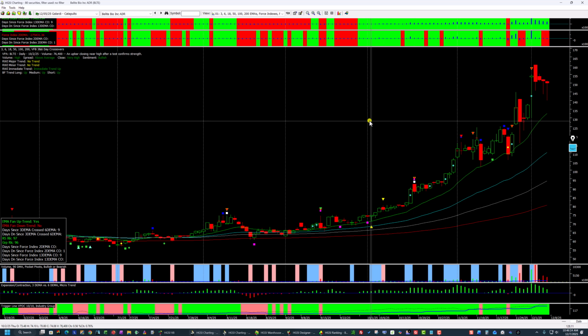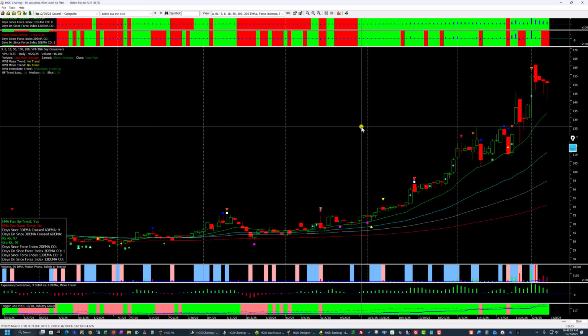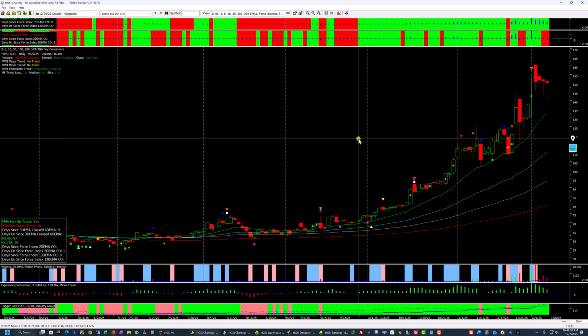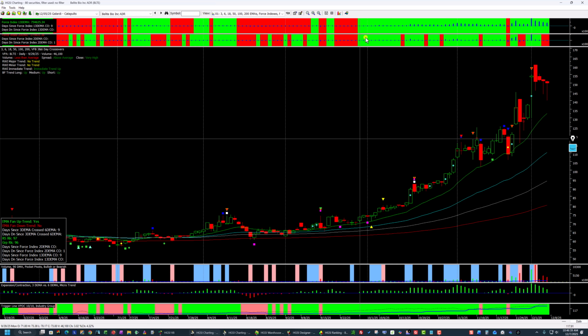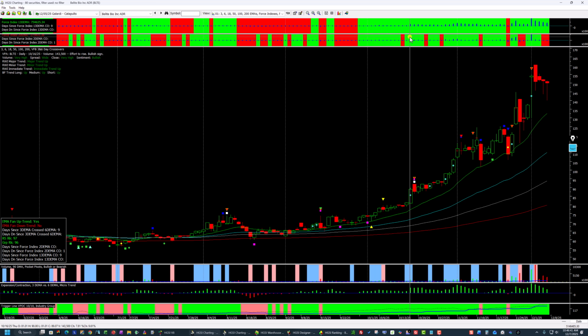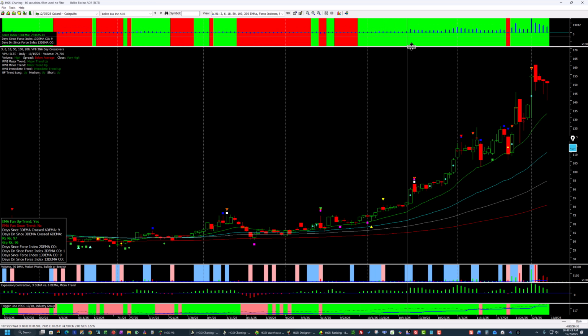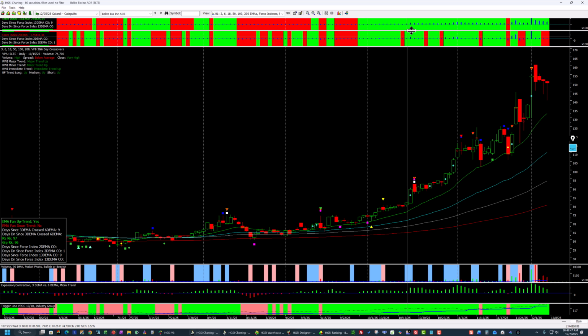And let's go back here to this when it was a lot cheaper. You can see both the 2-day force and the 13-day force turned positive on the same day, and then as this stock was moving up, notice how the histogram on the 13-day was getting higher.